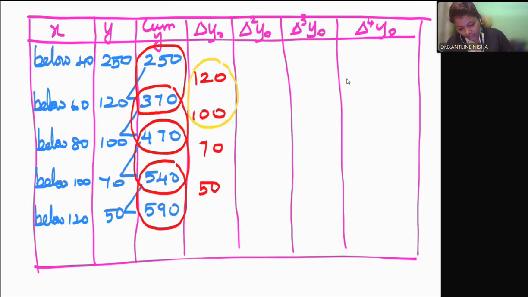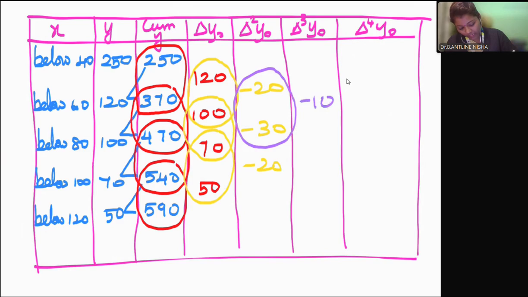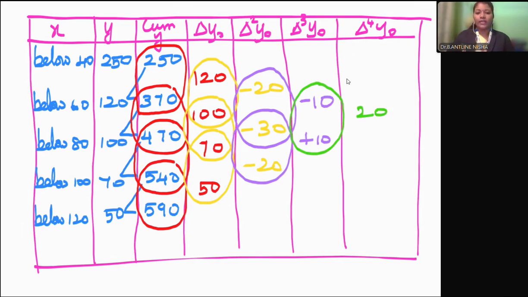Next you have to find the difference between 100 and 120. This is minus 20. 70 minus 100 is minus 30. 50 minus 70 is minus 20. Next one is minus 30 minus of minus 20 is minus 10. Minus 20 minus of minus 30 is plus 10. And next 10 minus of minus 10 is 20. Like this you have to frame the tabular column.